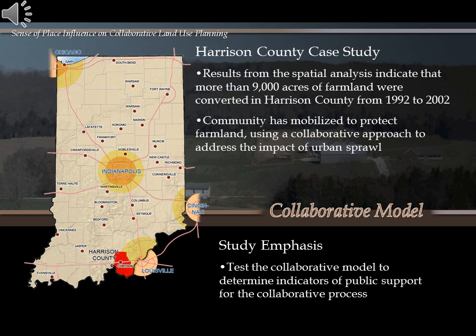But the interesting part about Corydon is that it's within the Louisville metropolitan region, and you can see the major roads outlined there in orange. And what's interesting to note is that Harrison County is the only undeveloped county in the circle of counties that surround Louisville. What I mean by that is that it doesn't actually have a direct bridge over the Ohio River to Louisville, which makes it somewhat unique.